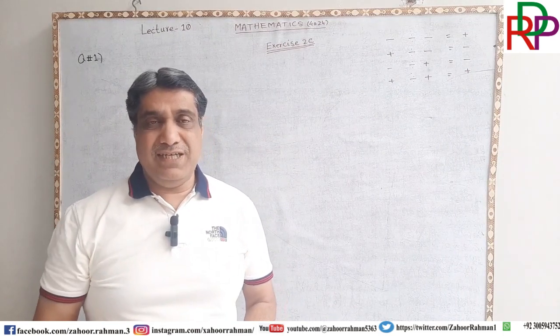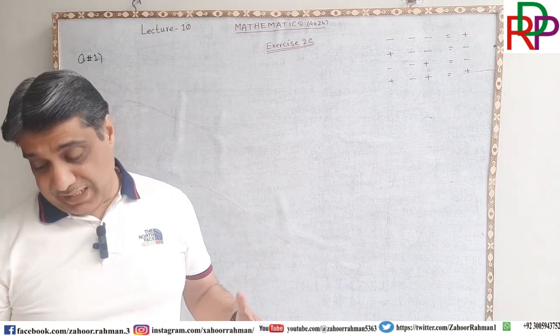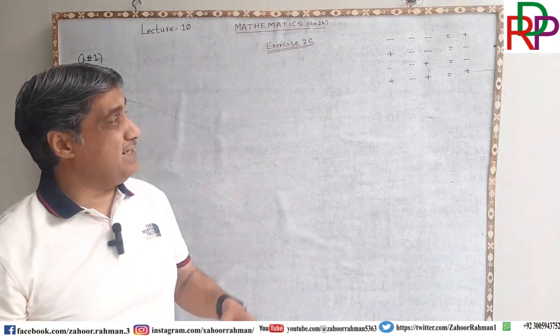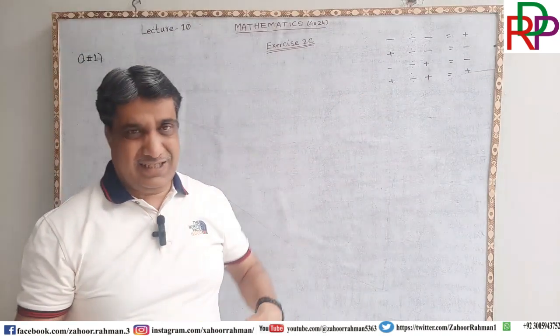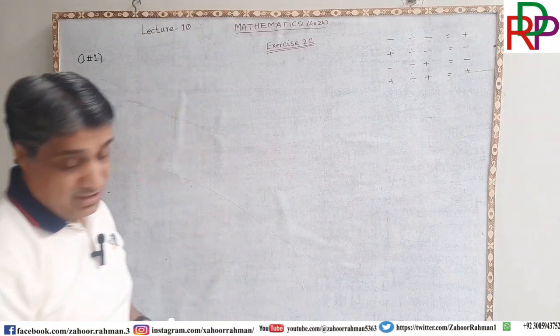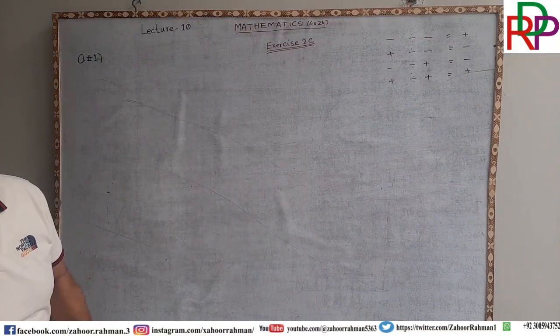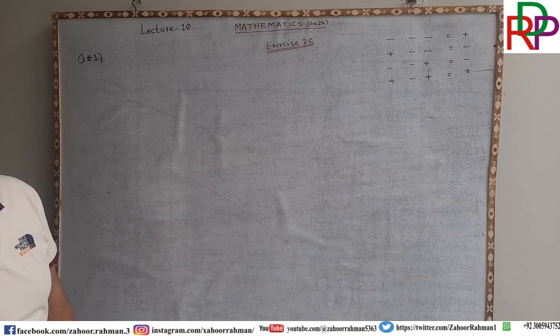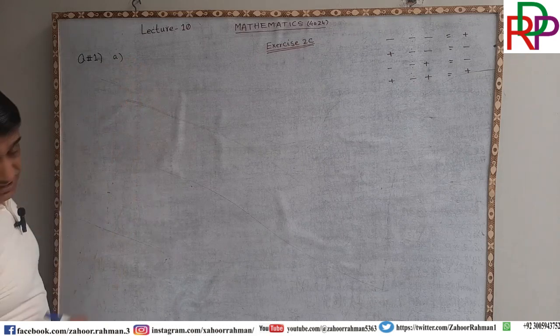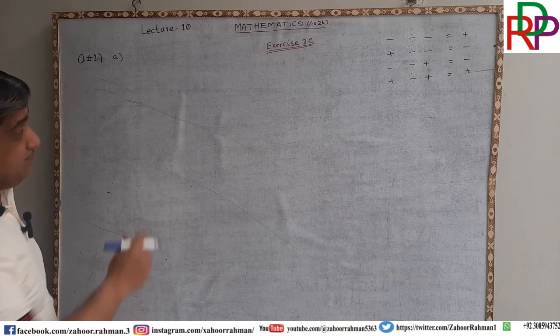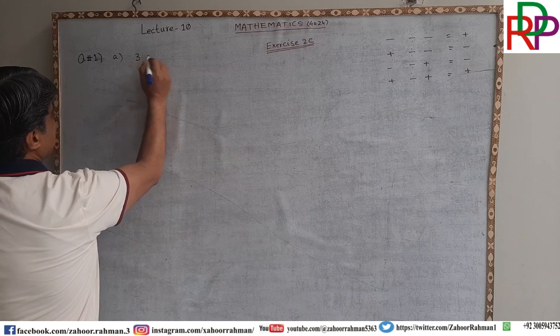Let's jump directly to question number 1 and part A and clear your basic concept, and we will discuss these things during the lecture. Question number 1 is saying find the value of each of the following. A part is saying 3 multiplied by minus 9.